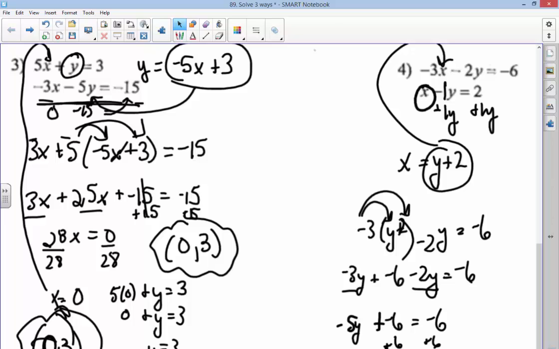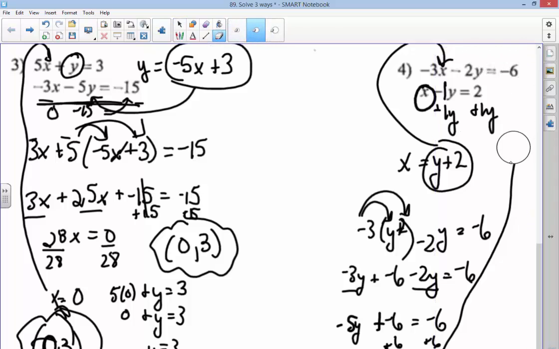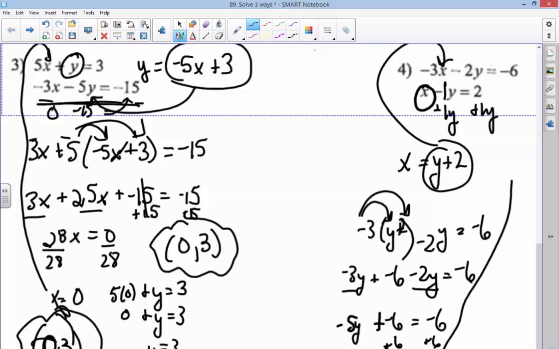Now if you plug that back into the initial, the bottom one seems a lot easier. I'm going to the bottom. I don't know why I drew the top. But another good way to see if it works is to plug it into both and see if you get the same answer.